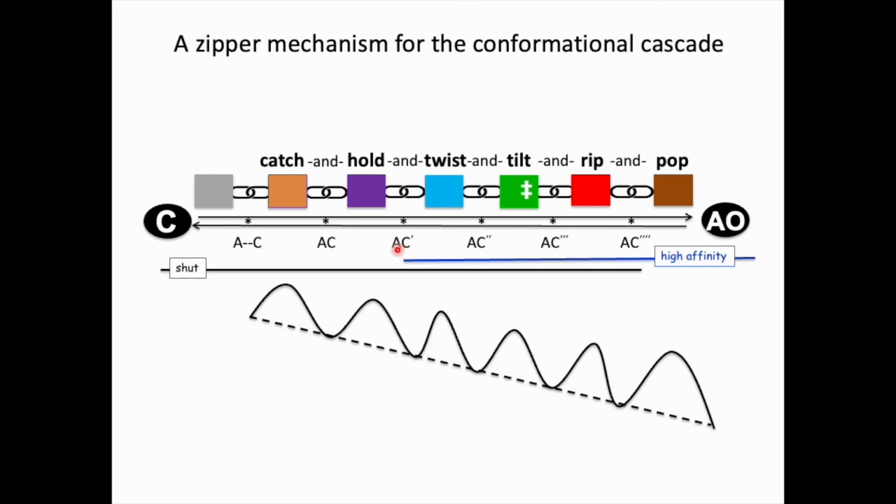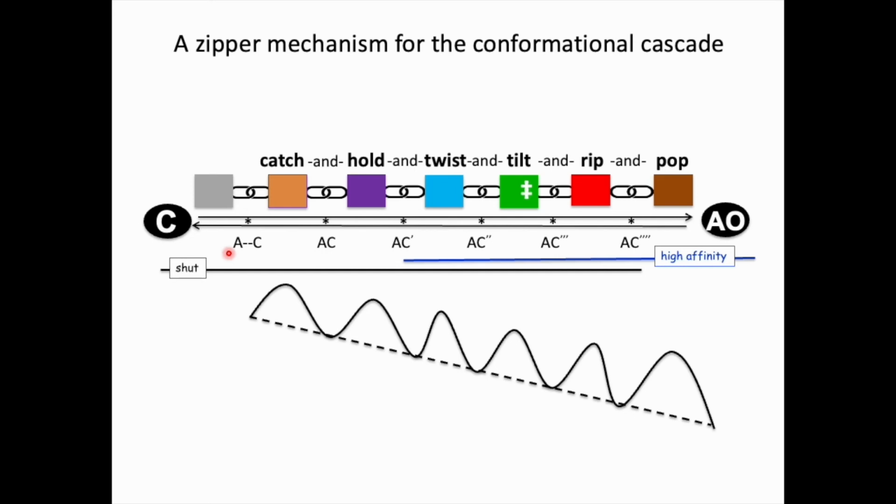So I've given these names now with primes: AC prime, AC double prime, triple prime, and quadruple prime. I think together these four states represent flip, and are also called flip. But this is the AC state, which everyone puts in there, even though it hasn't been found structurally. That's the low affinity state.